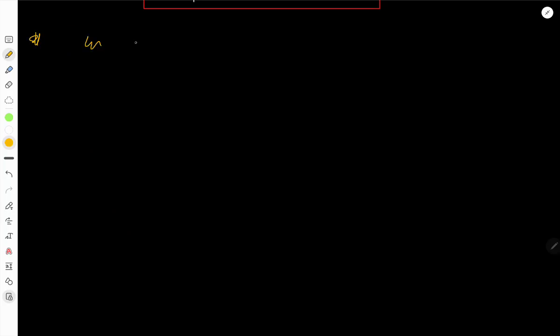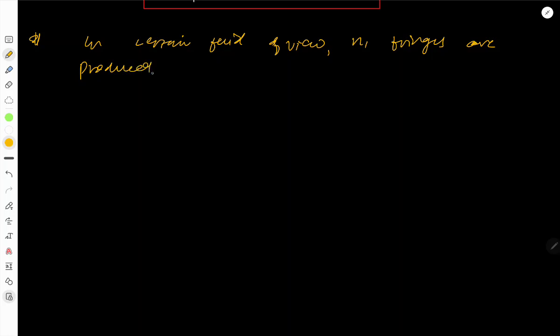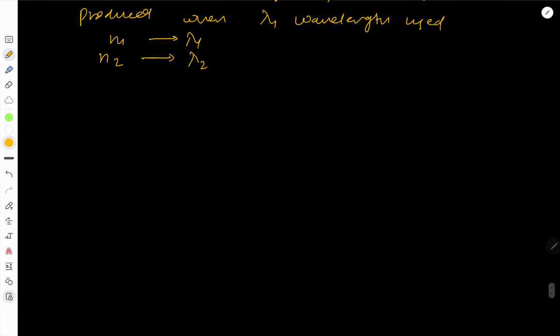If in a certain field of view n1 fringes are seen when lambda 1 wavelength is used and n2 when lambda 2 is used, I can write it as n1 when lambda 1 and n2 when lambda 2.